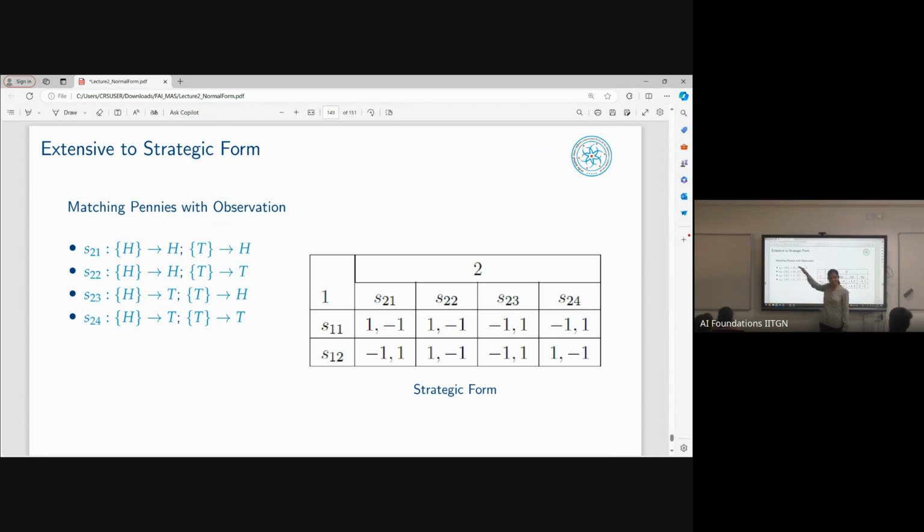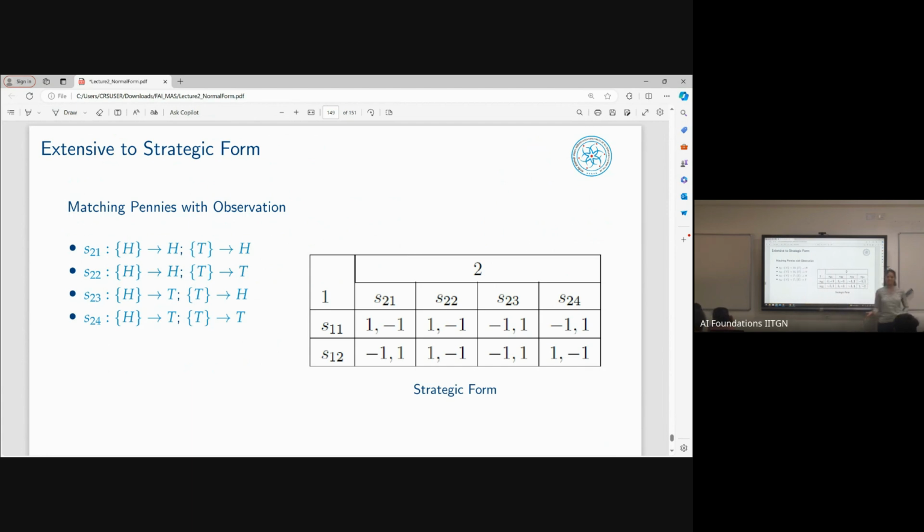So there'll be a total of 9 strategies. Okay? So H, HTB, T, HTB, B, HTB.